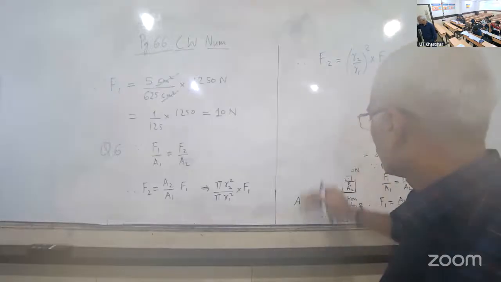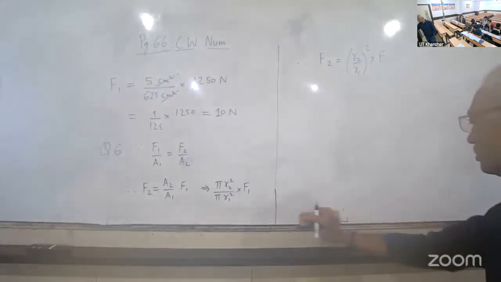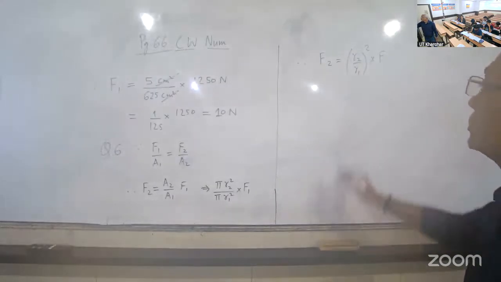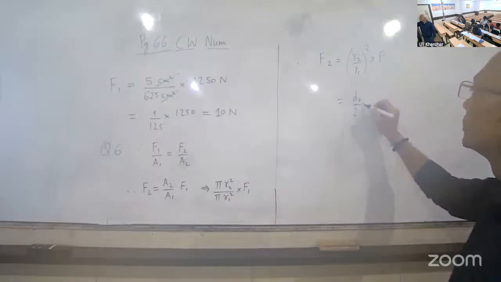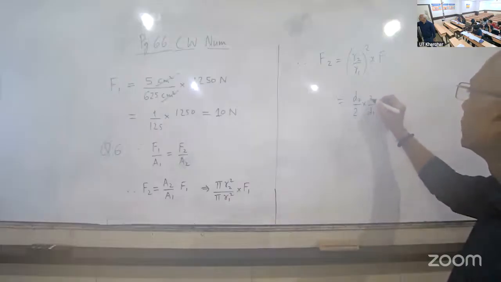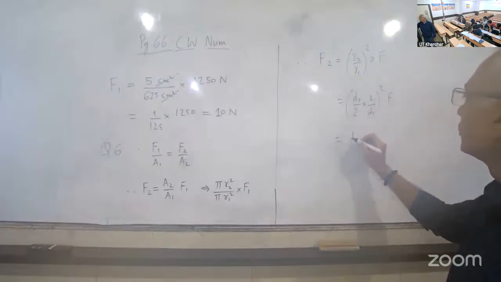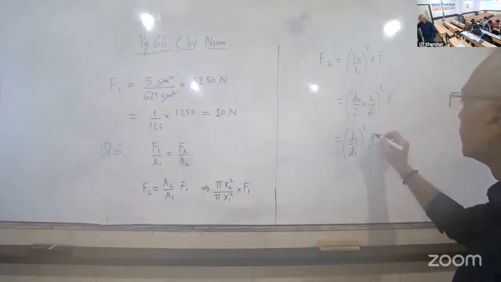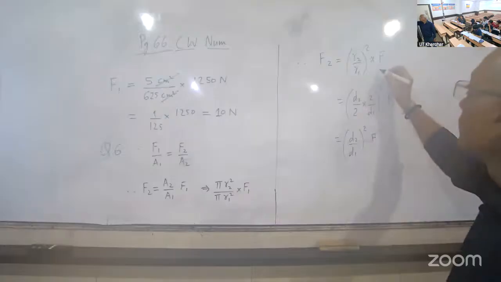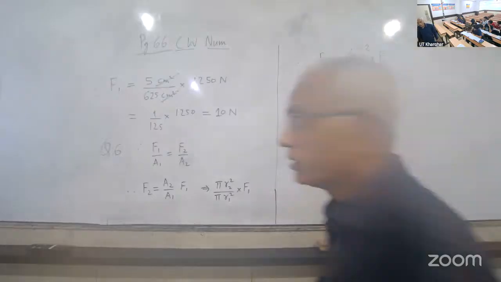What is given in the question is diameter. So in terms of diameter, it will be d2 by 2 over d1 by 2. So the formula finally becomes d2 by d1 whole square into F1. So I have expressed the formula in terms of the given data.